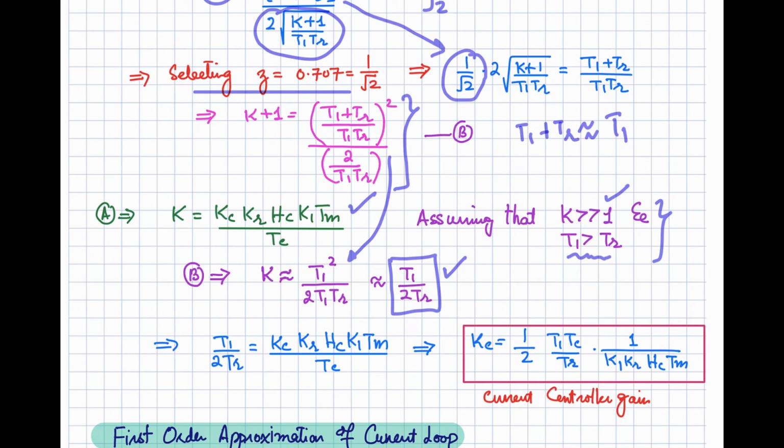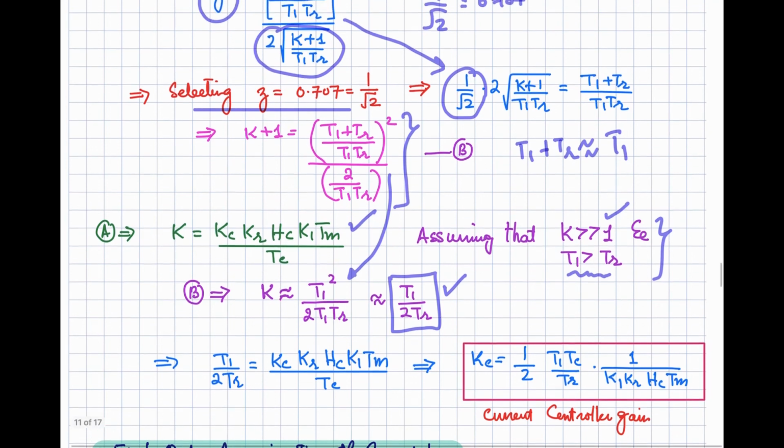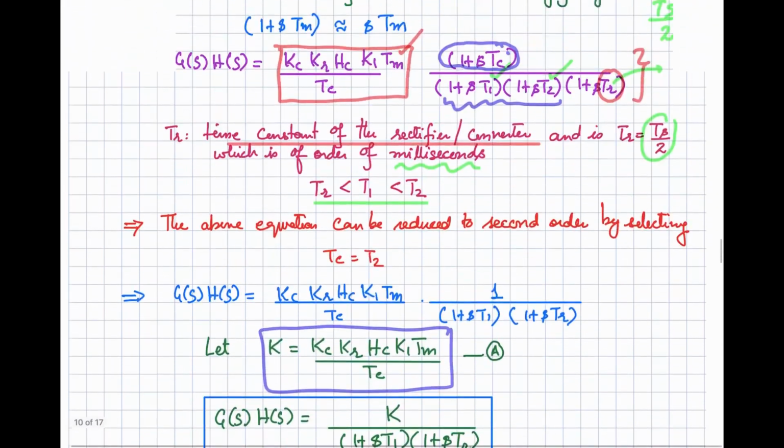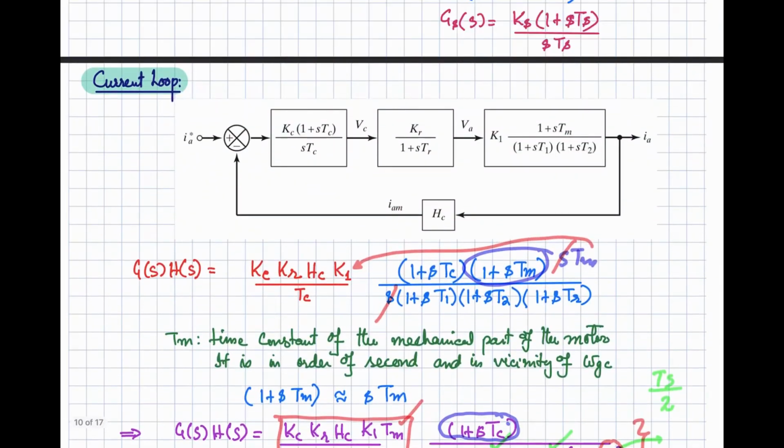We can write it like this. So now let's conclude this video. What we have learned, we have discussed the current control loop for the DC motor drives, and we have seen how we can develop the transfer function from voltage to the current, and then from current to the speed, and how we can simplify the current control loop.